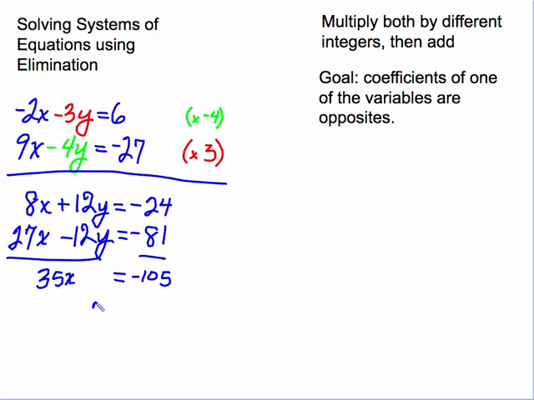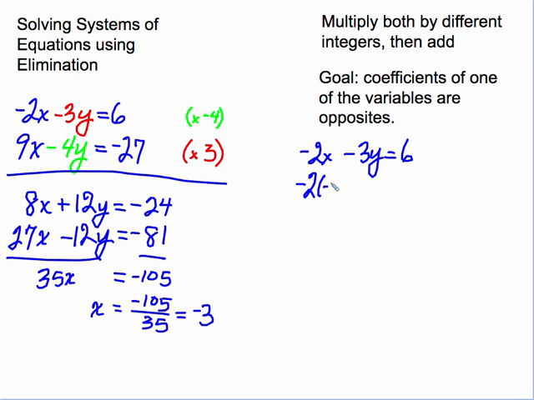We divide each side of this by 35, and we get x equals negative 105 over 35, and that equals negative 3. Now we'll use negative 3 for x, and we'll use the first equation to find out what y is. So we'll use the equation negative 2x minus 3y equals 6, and we'll let x equal negative 3.